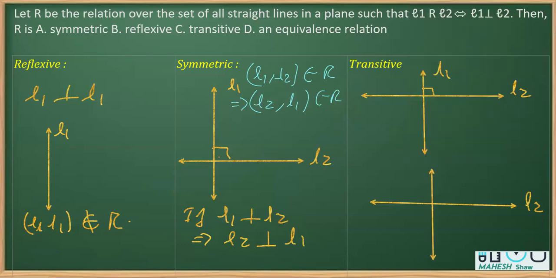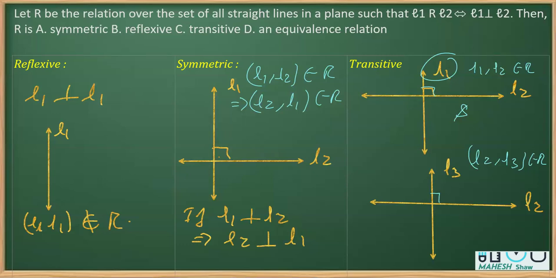This is L3. Now, what you can see here is that if (L1, L2) belongs to R and (L2, L3) belongs to R, such that L1 is perpendicular to L2 and L2 is perpendicular to L3.